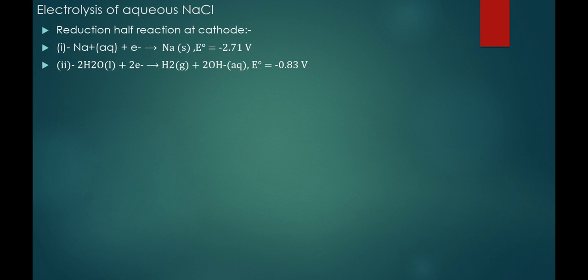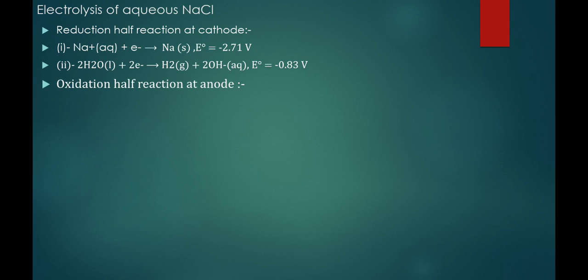Water will also gain electrons and form H2 gas and OH-, where its potential is minus 0.83 volt. It means what? Between the reduction of sodium and the reduction of water, the potential of reduction of water is greater than that of sodium. Because of that, instead of the sodium ion, water will get reduced and release hydrogen gas.